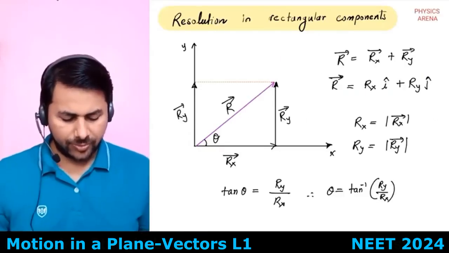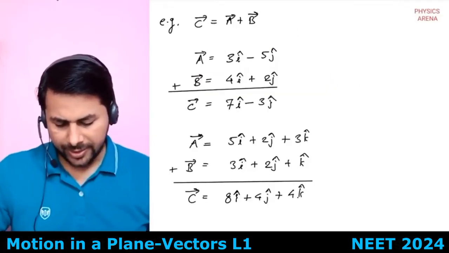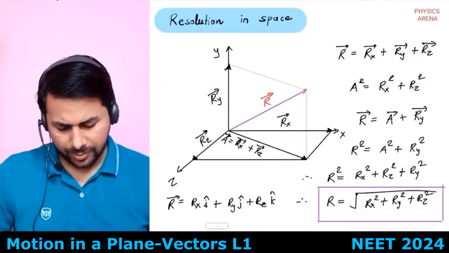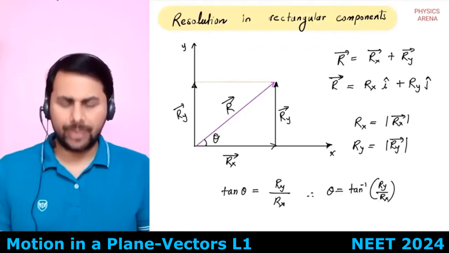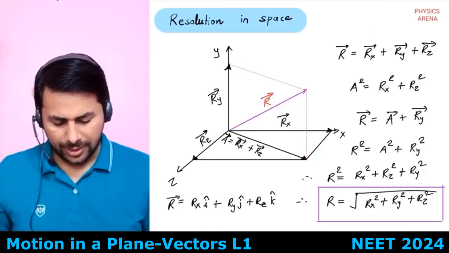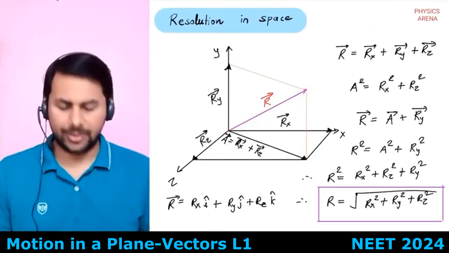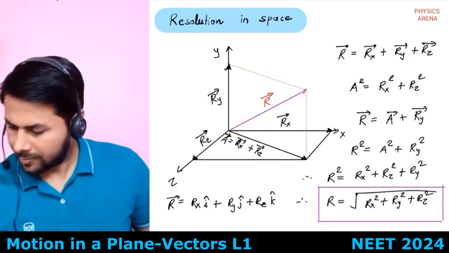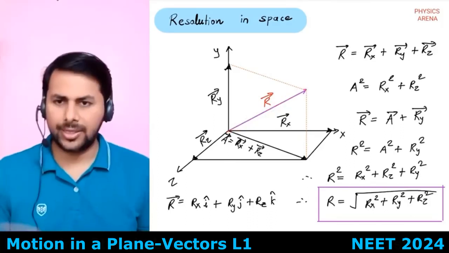So this is resolution of vectors along two components. Similarly, we can extend this to three components. This is resolution in a plane. Now similarly, I can resolve a vector along three directions.